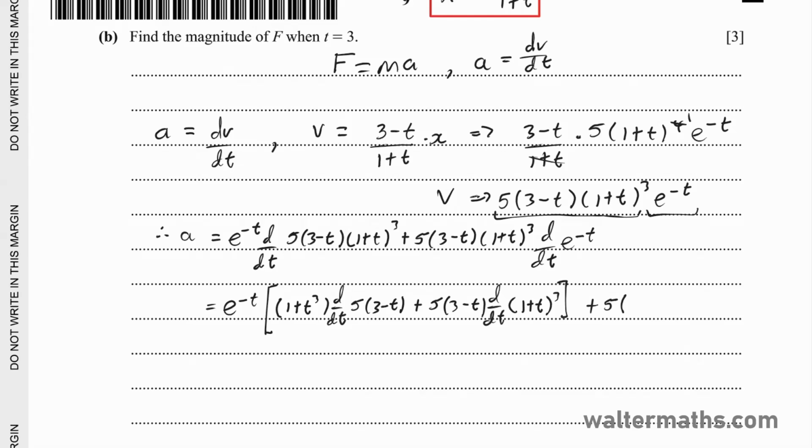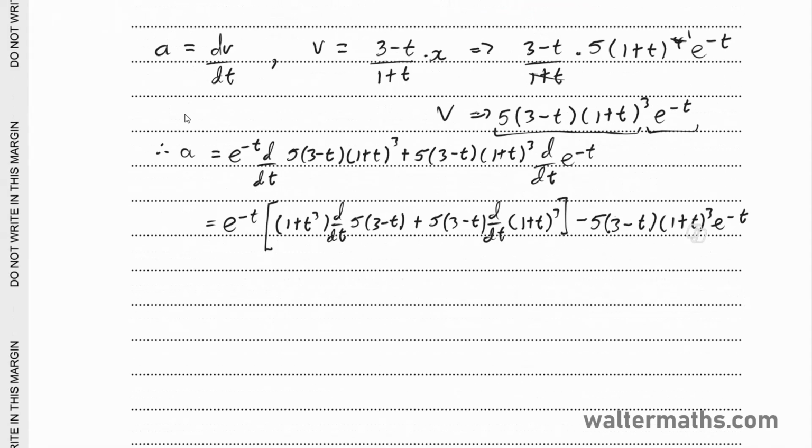Actually, let's just perform the derivative, because we know that differentiating this gives us minus e to the negative t. So that's going to be minus 5(3 minus t)(1 plus t) cubed e to the negative t, basically. Right, so let's continue simplifying. Here we'll be having, all right, e to the negative t times, and the derivative on this part comes out as minus 5.